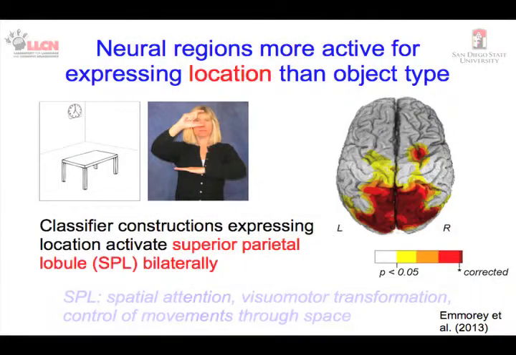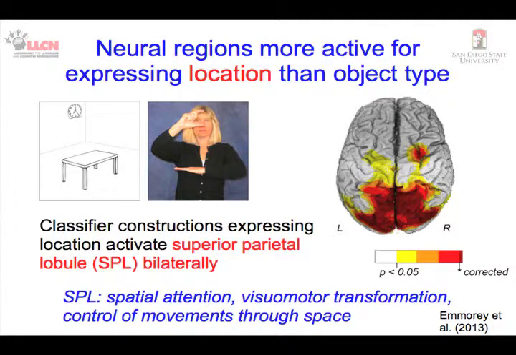And it's regions within superior parietal cortex that we know are involved in a number of visual spatial processes. So spatial attention, visual motor transformation. What that means is basically taking visual information in and translating it into a body-centered representation so that you can move your hand towards a particular location in space or towards a particular object.